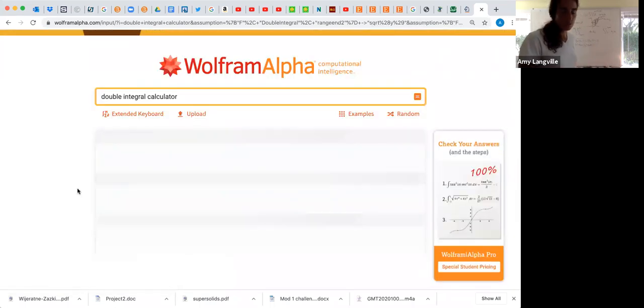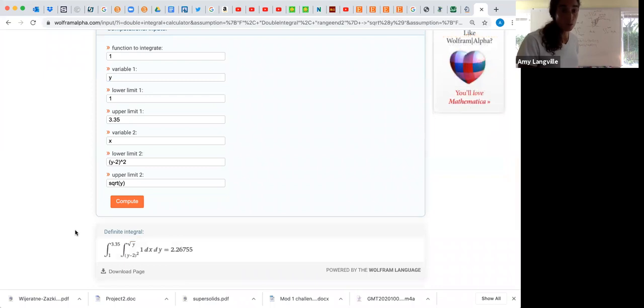And let's look at the way it's interpreted your input: definite integral, I want the x first, inner limits are y minus 2 squared up to square root of y, that checks, outer limits are y's from 1 to 3.35, and it gets a value of about 2.27.